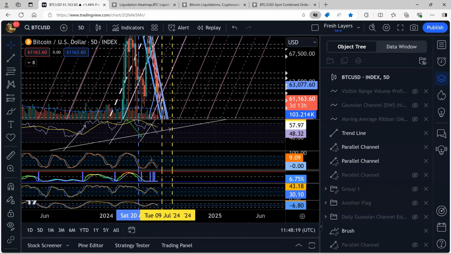And then on the stochastic RSI, we're going for a double dip down to the bottom here on the 5 day and the weekly and looking to turn up. Now, there's going to be an explosive move, and I believe it's going to be upwards. It's imminent. Let's look at the weekly.